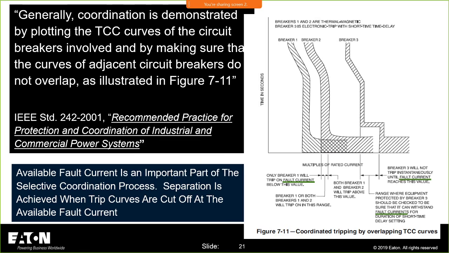Generally, coordination is demonstrated by plotting the time current characteristic curves and comparing that with the fault current. What I'm showing here are 3 overcurrent protective breakers, 1, 2, and 3, in series with each other. We would typically plot those time current characteristic curves and overlay them so I can see what is closest to my load, what's the next upstream, and what's the next upstream. How many devices you put on a TCC curve will vary.